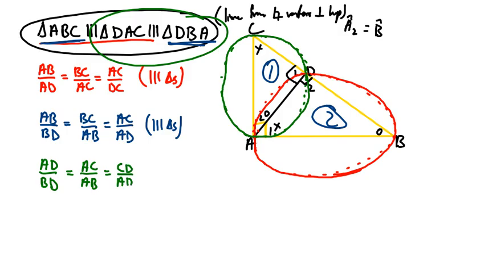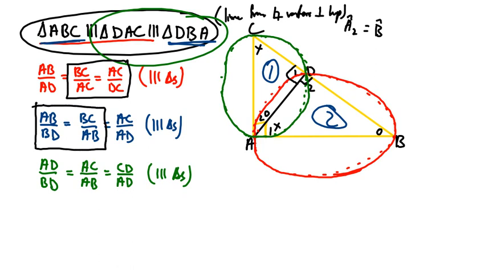Again, similar triangles. Take note that in each case, you have squares coming up. In this one, we have an AC squared coming up. In this one, we have an AB squared being a result as well. In the last one, you have an AD squared coming out there.